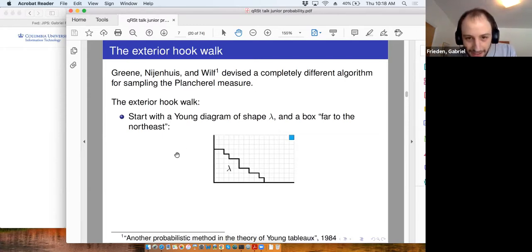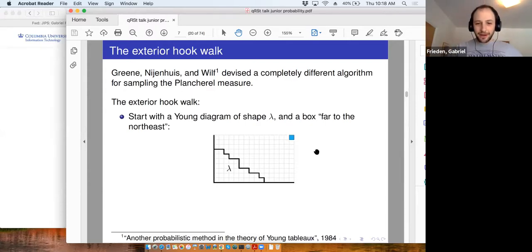So you start with the Young diagram of shape lambda, and then you start with a box far away. Far away just means that it has to be to the right of the last column and above the top row. As long as it's in this spot or up from there, then it's okay.